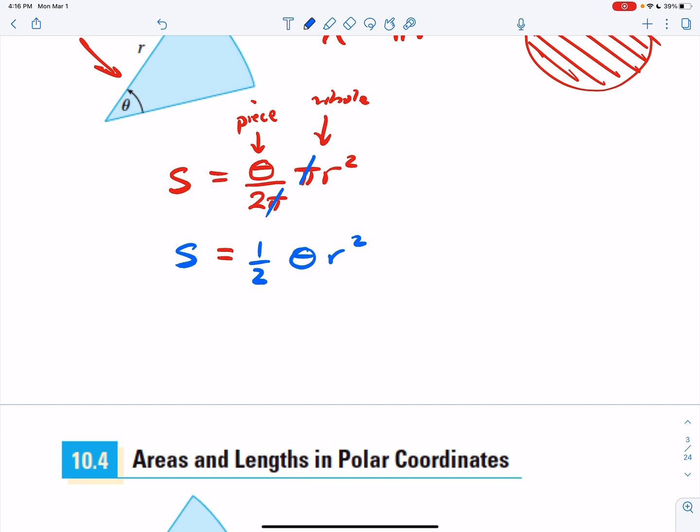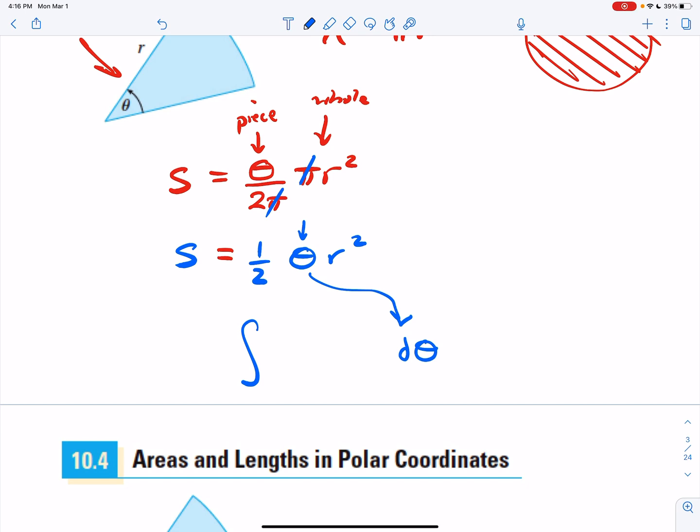So remember, theoretically, we could squeeze in an infinite amount of sectors to fill in the gaps, right? So if you want the true area under a polar curve, this theta is getting theoretically smaller. So what you do here is you call it d theta and you integrate.